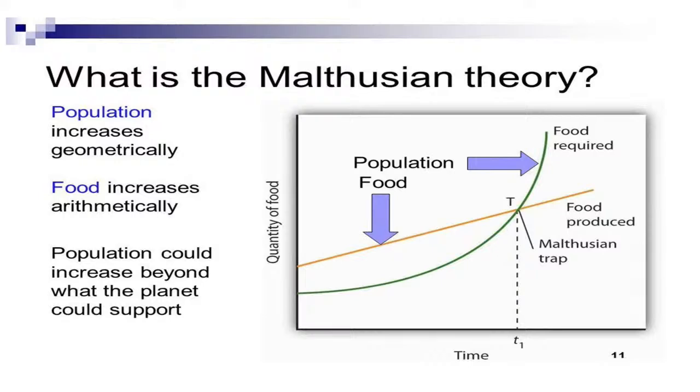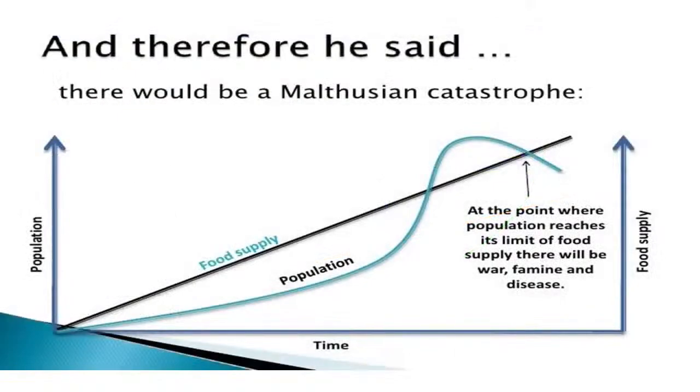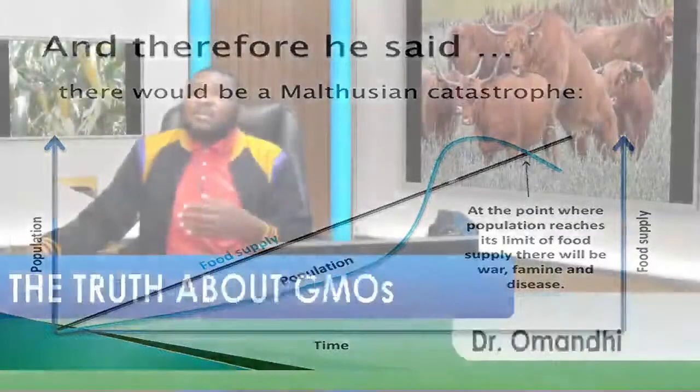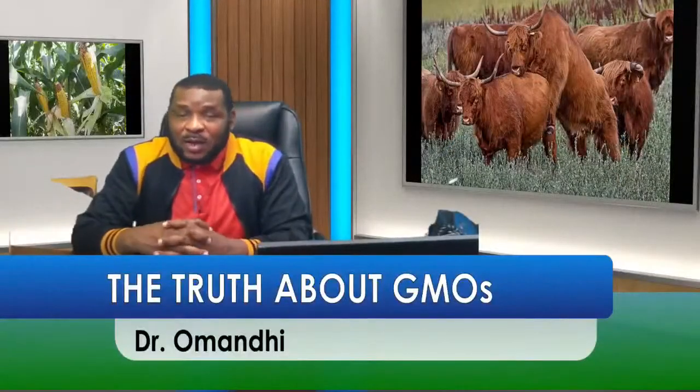In this Malthusian trap, it will cause a Malthusian catastrophe. The population will increase, and there are more people to feed than the food. So more people will die. There will be wars because of scarcity of things, and we will have a Malthusian catastrophe.